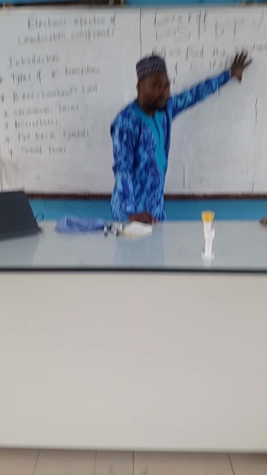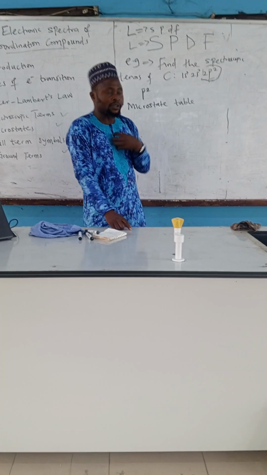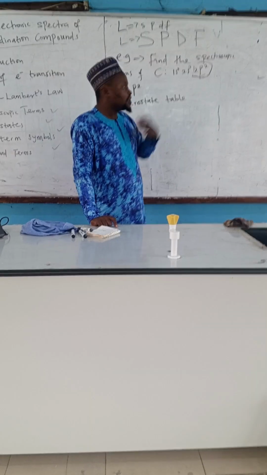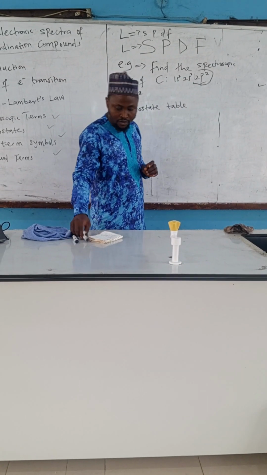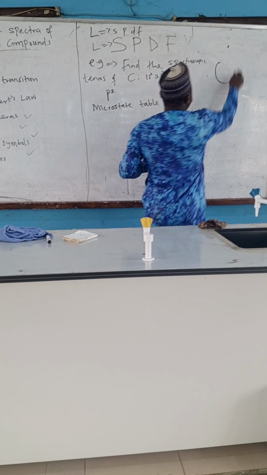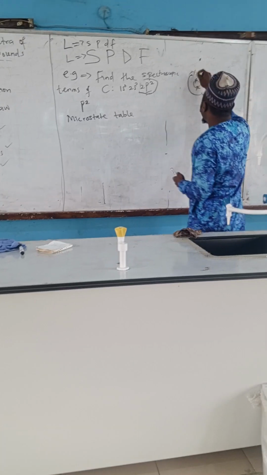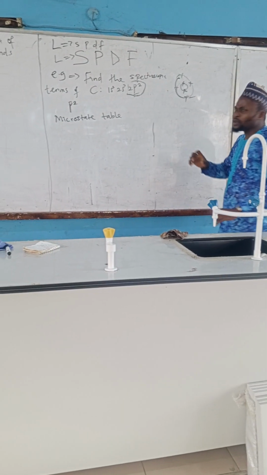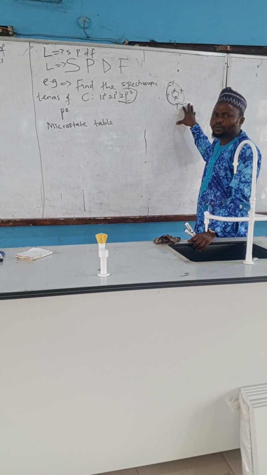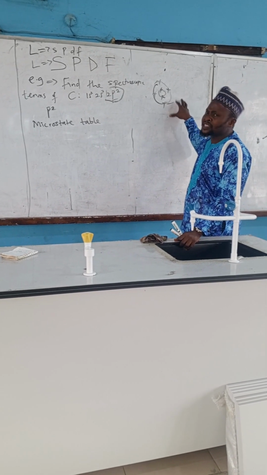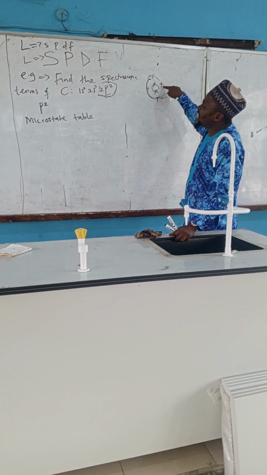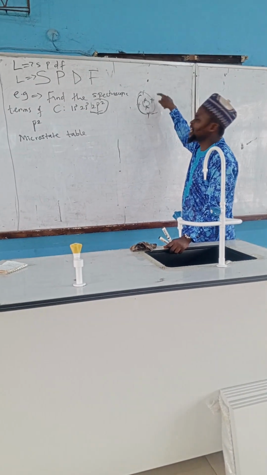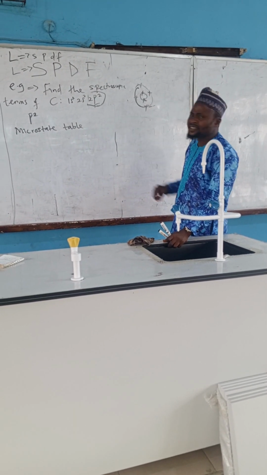In this case, we can tell that this carbon has 6 electrons and 2 shells. But beyond that level, advanced chemistry tells us that the possible positions where you can find this electron are more than this.